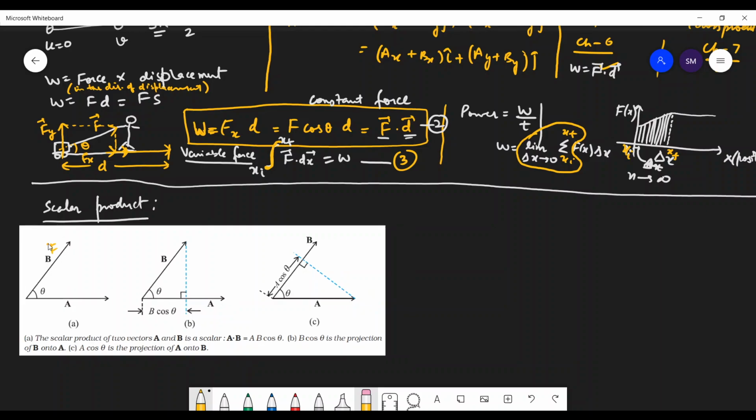Assume B as your force and A as displacement. This length is the magnitude of F, and this exact length is the magnitude of D.